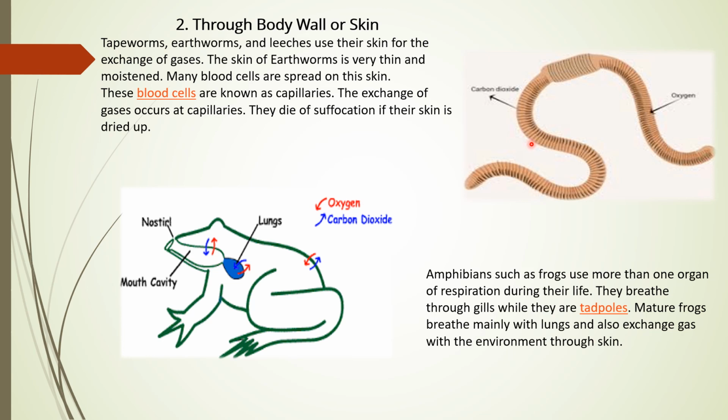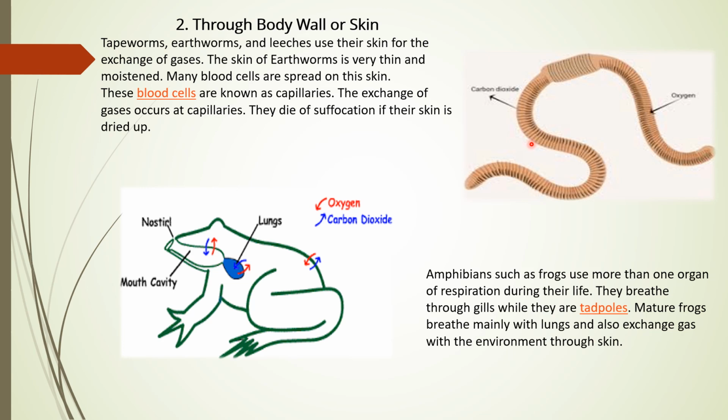They have a moist and very thin surface, and along with that, on the skin they have blood cells also. And these blood cells behave as capillaries, right? Means they have a surface, a path through which the exchange of gases takes place.